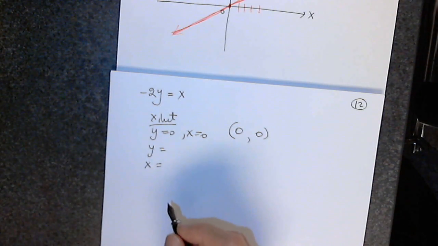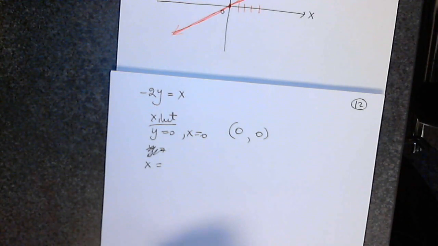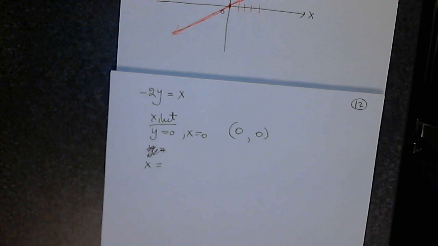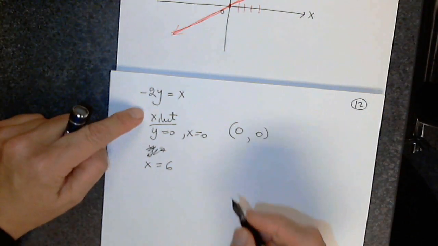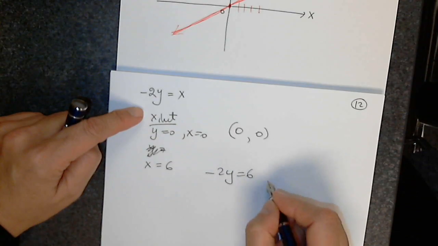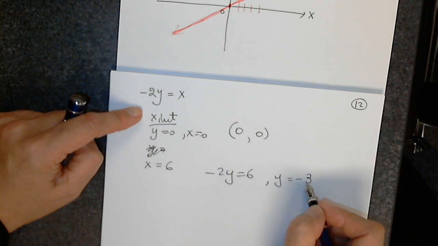Pick a number for x. Okay, we want to pick a number for x. 5. No, that's not a good number because then you have to divide 5 by negative 2. It's okay, but it will be more difficult to graph. 6. 6 will be good. Because if you say 6, then I have negative 2y equals 6, so then y equals negative 3.